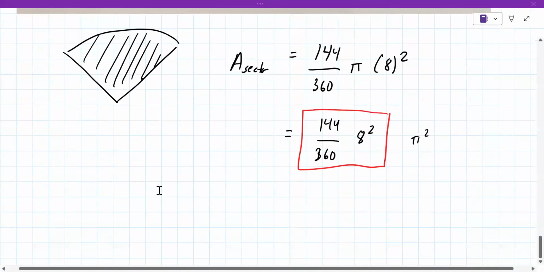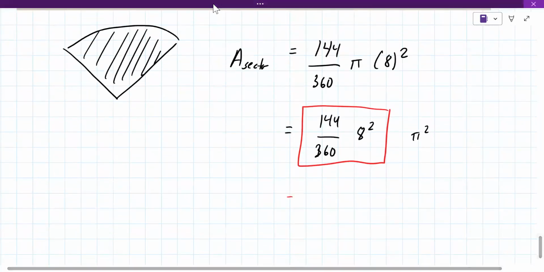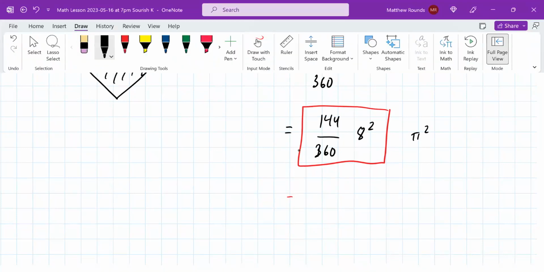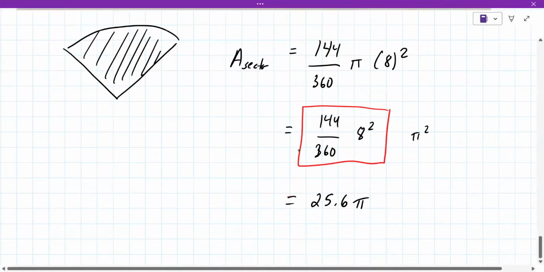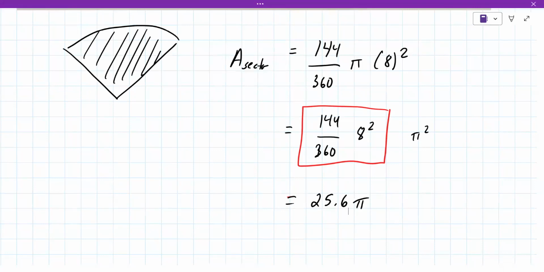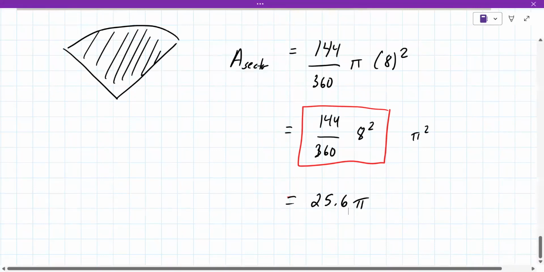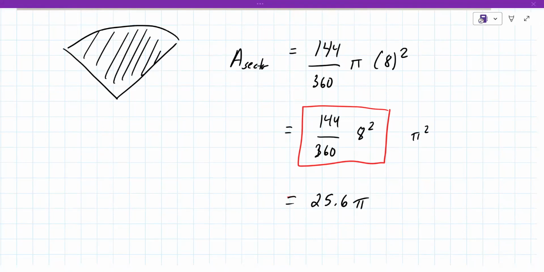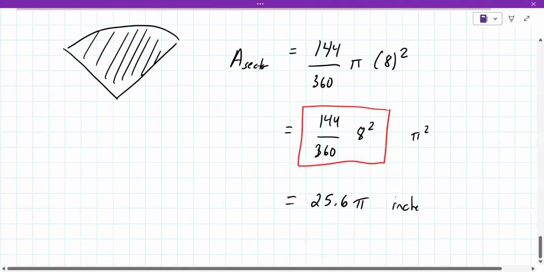So the answer is 25.6 pi. All right, now we do need some units here. This is inches squared. That would help.